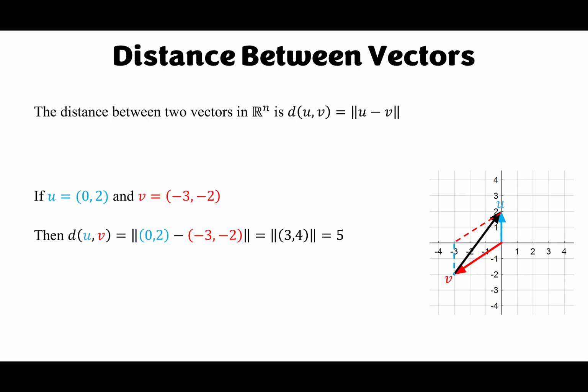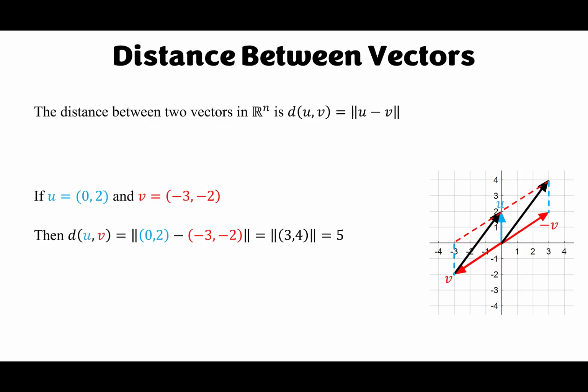And let me plot negative v, and let's just shift that parallelogram over. Right, so those are the same two parallelograms, and finding the length between u and v would be equivalent to finding that length, which is still the diagonal of that new parallelogram.